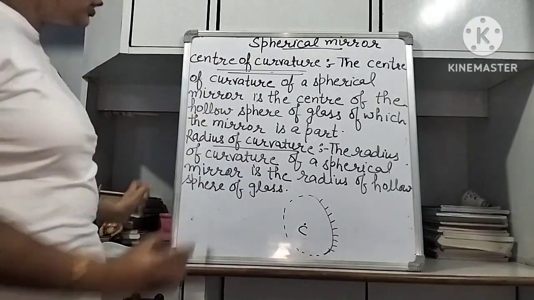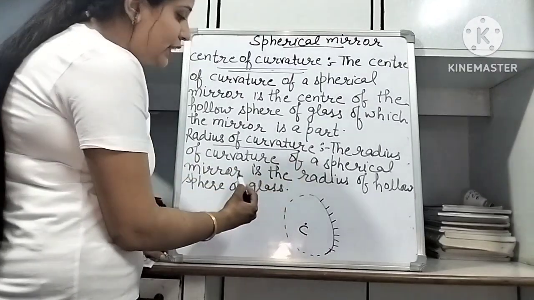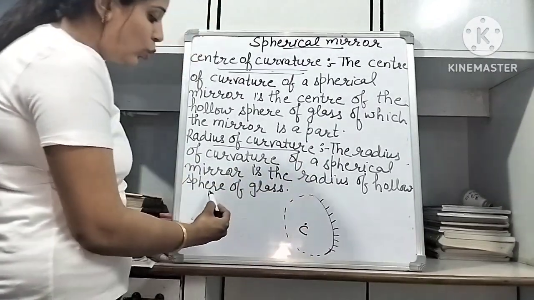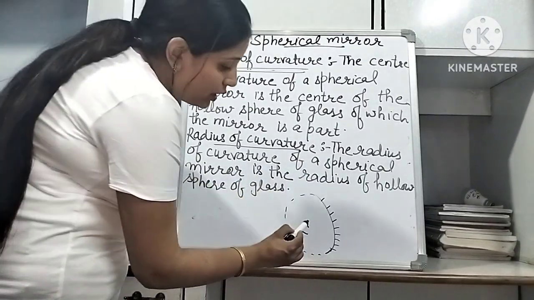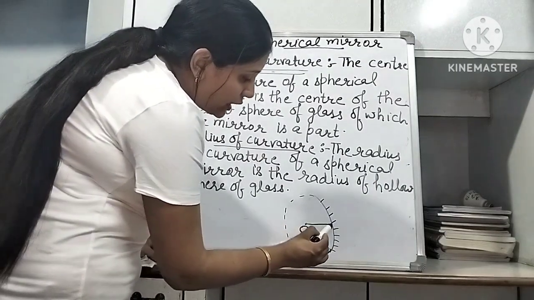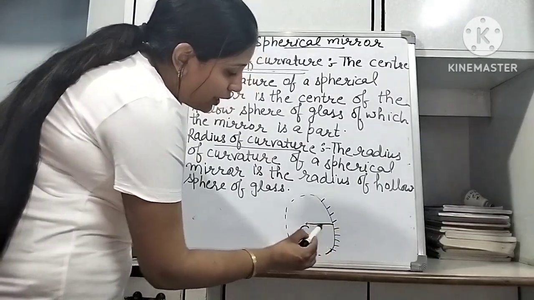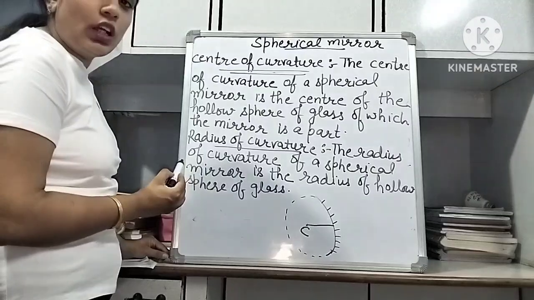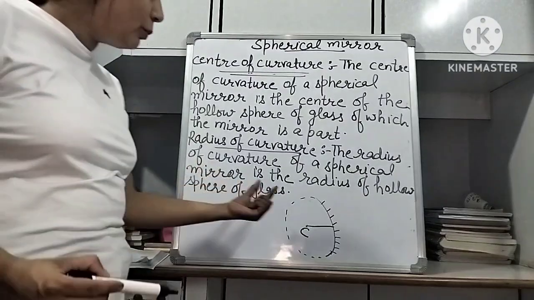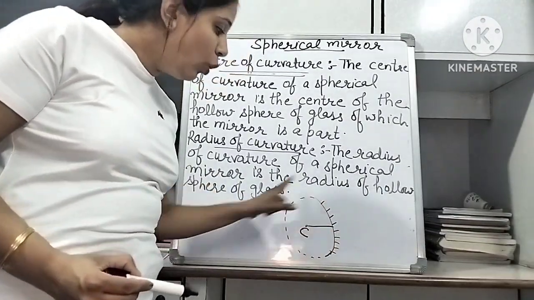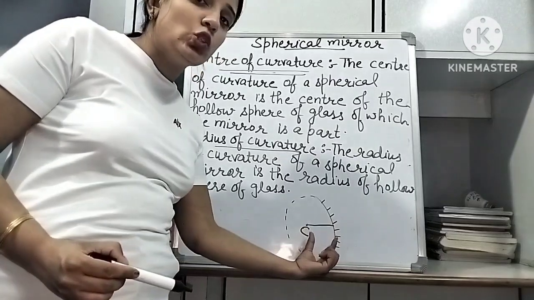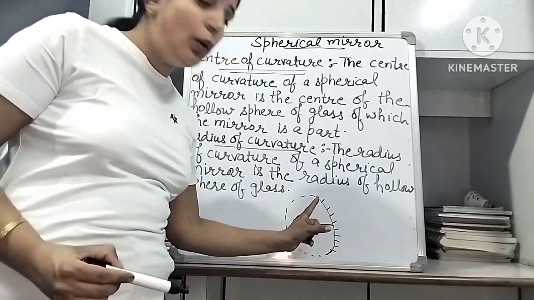Radius of curvature. The radius of curvature of a spherical mirror is the radius of the hollow sphere of glass. The distance between the center of curvature and this point is known as the radius of curvature of this spherical mirror.